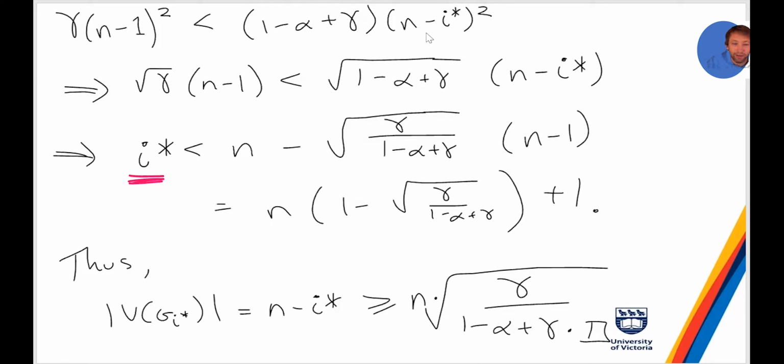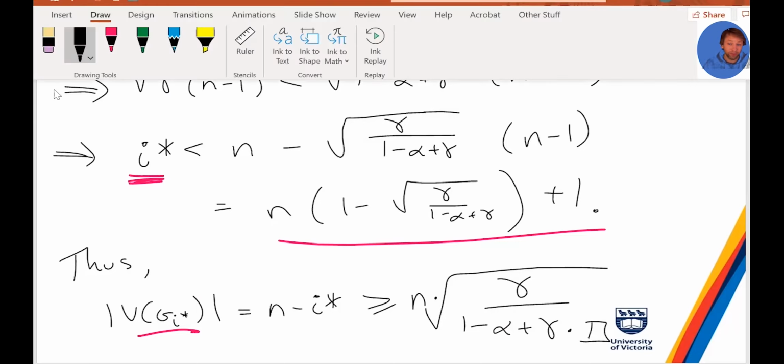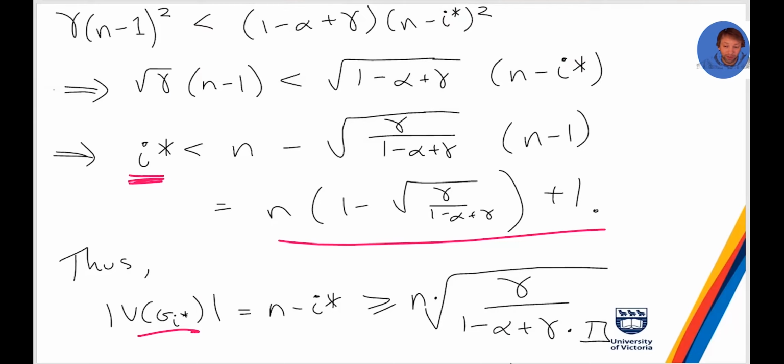Here I've replaced the left-hand side with something smaller, so I got rid of the over 2 thing. I replaced the right-hand side with something a little bit bigger. Anyway, when you do all the solving, I star is less than this, which tells you that n minus I star is bigger than what we wanted, which is the number of vertices in G I star. So that's the number of vertices when the algorithm stops. Okay, so that's it.